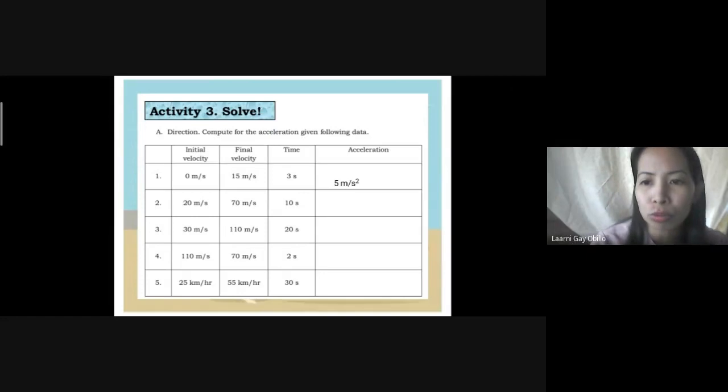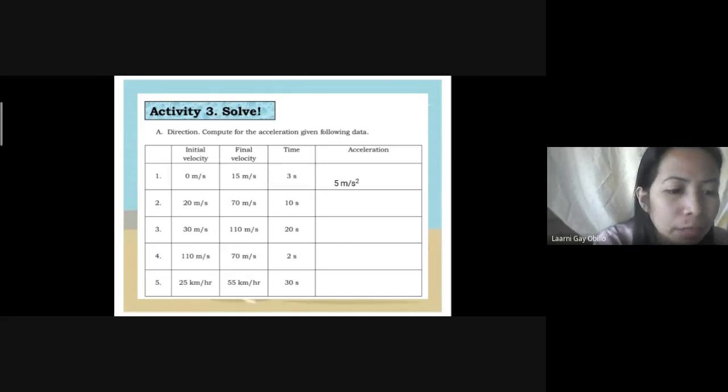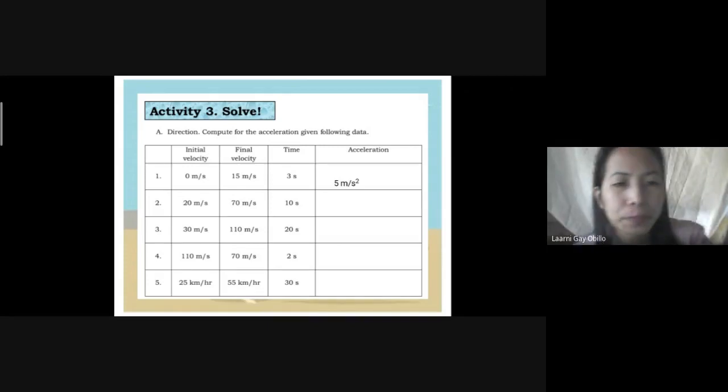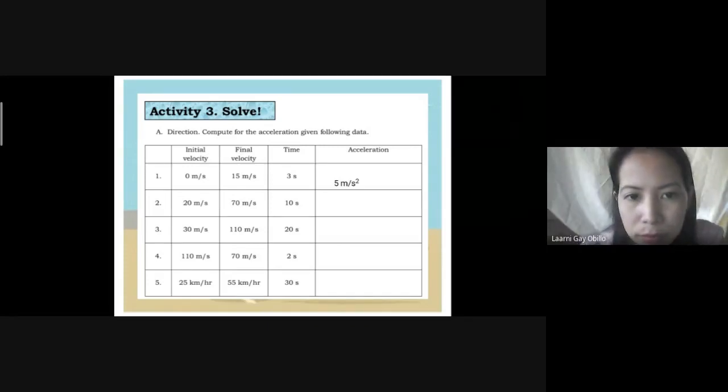Okay, for number 2, 70 meter per second minus 20 meter per second divided by 10. What is the answer? 70 minus 20, that is 50 divided by 10.